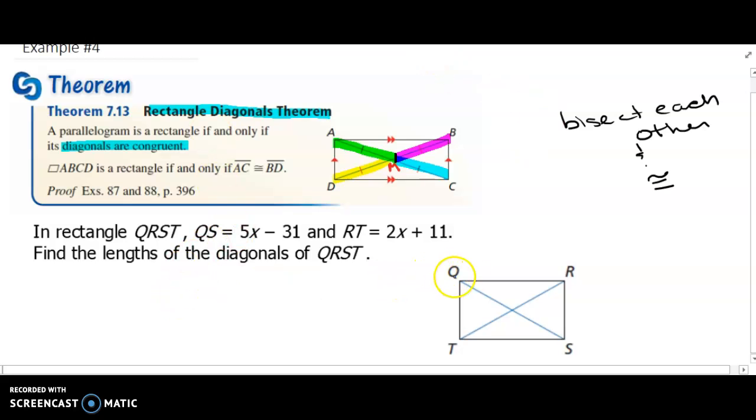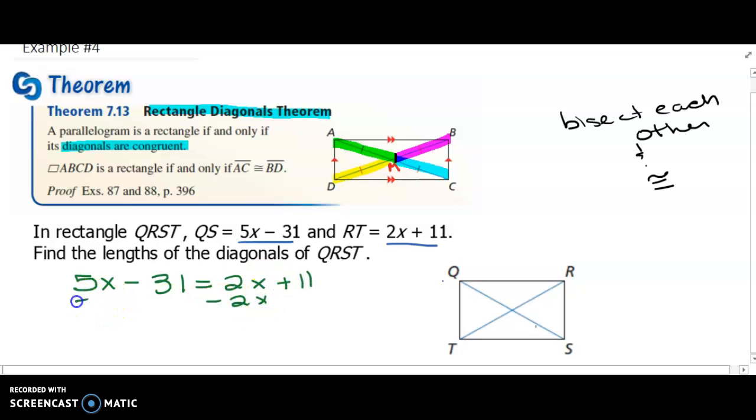It says in rectangle QRST, QS is 5x minus 31 and RT is 2x plus 11. Okay, so because this theorem tells us that the diagonals are congruent, that means that QS and RT have to be congruent, so I could set these equal. So 5x minus 31 equals 2x plus 11.